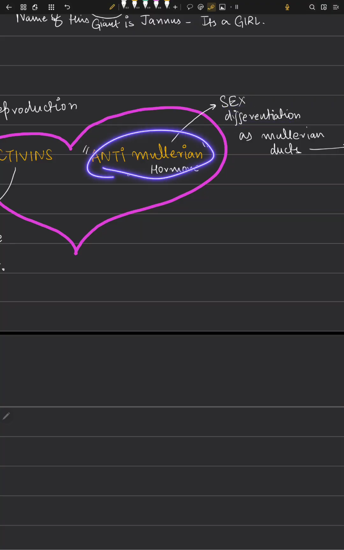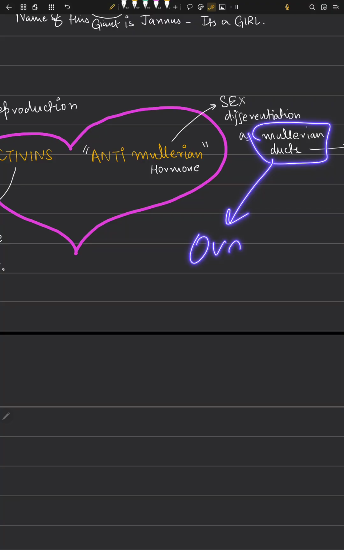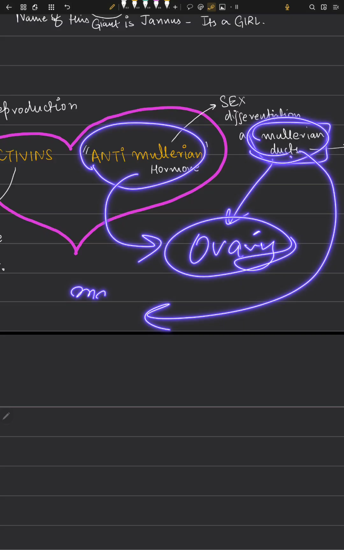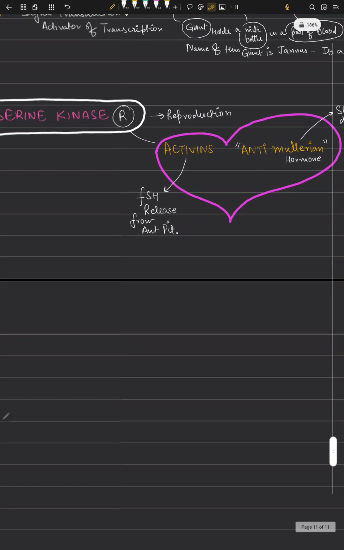If this hormone is not present in a boy, the Mullerian duct will eventually become ovaries. Because of anti-Mullerian hormone, the Mullerian duct instead converts into male reproductive organs. Cool, now you understand this.